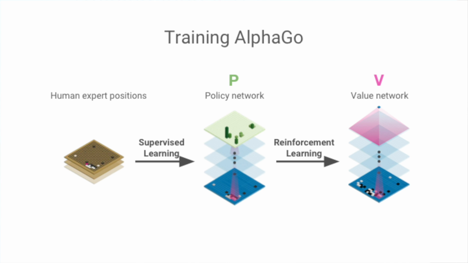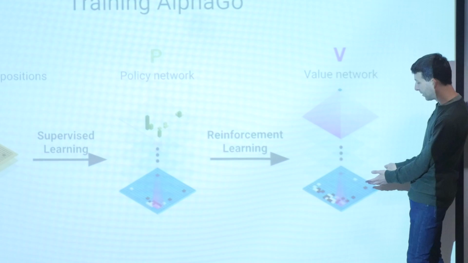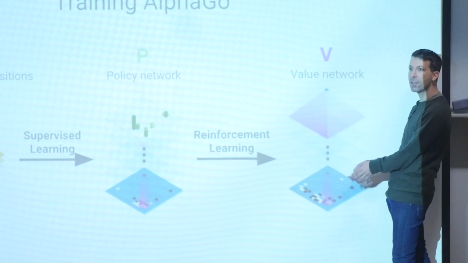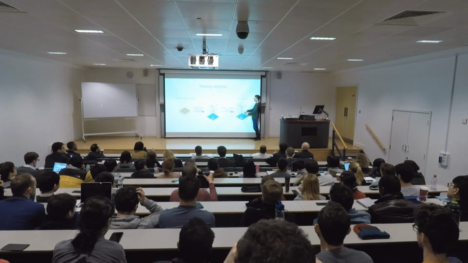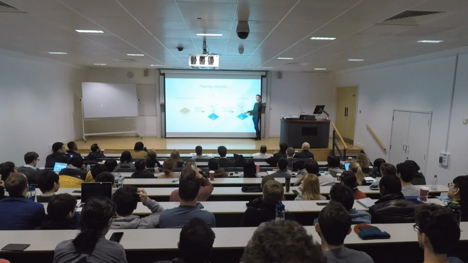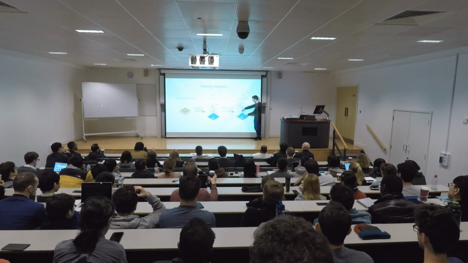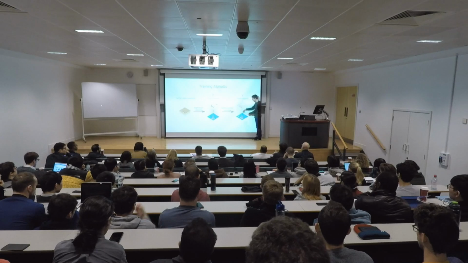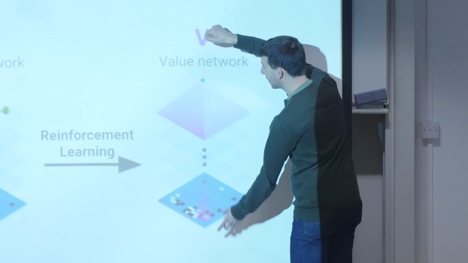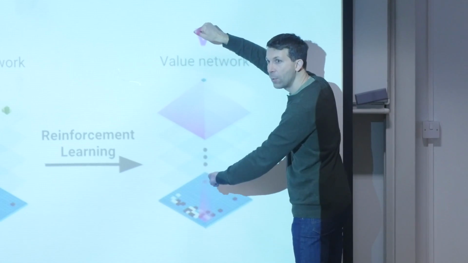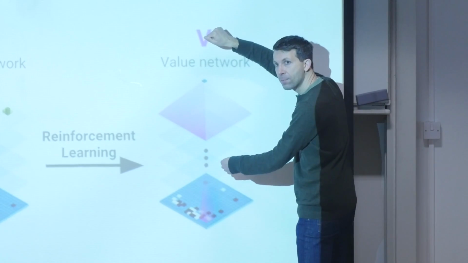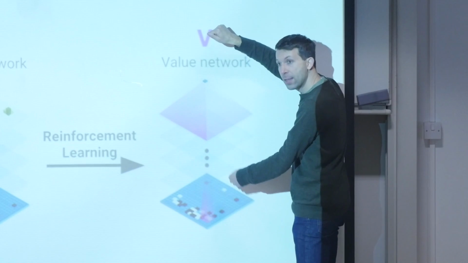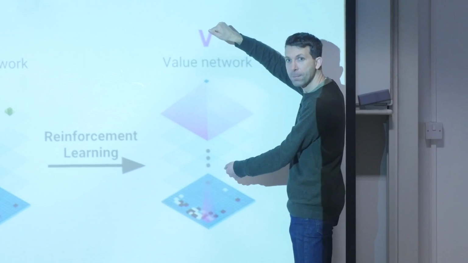So if you pass in this position, the question we're asking is, do I think black is going to win from this position, or do I think white's going to win from this position? And the way that we actually build the data is by getting the policy network to play against itself. And so if at the end of the game, the policy network, which was very strong, ends up with black winning, that's the target that we provide to our value network, and we adjust the parameters of the neural network to make it provide an output answer saying it thinks that that player is going to win more. OK?